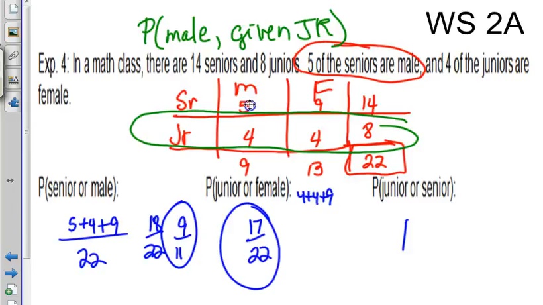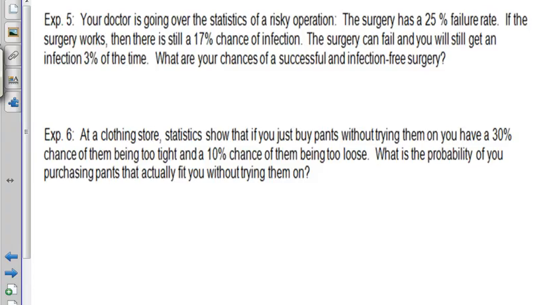Male given a senior would be 5 out of 14, okay? Or it could ask probability of junior given male. So given males, now you're only talking 9, right? Junior given a male would be 4 out of 9. Everybody good? We'll practice that. It's on the worksheets.